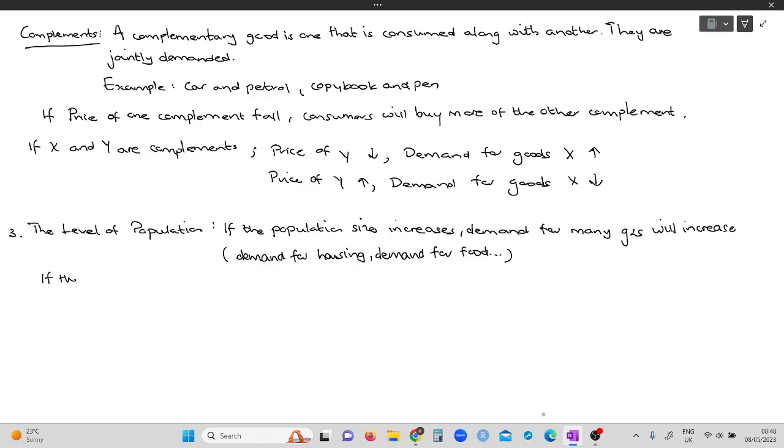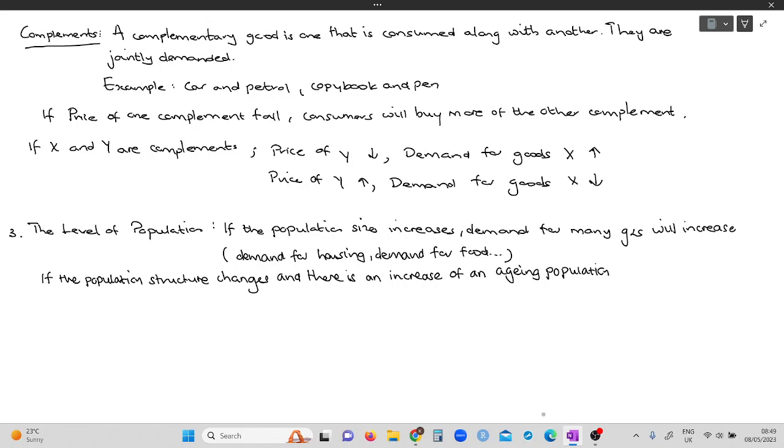For example, if the population structure changes and there is an increase, we have an aging population where we have more elderly people.